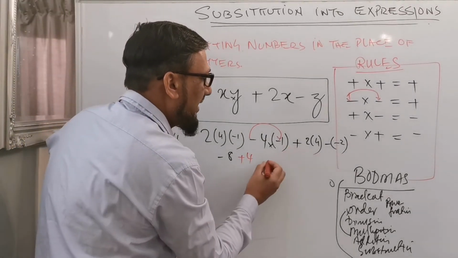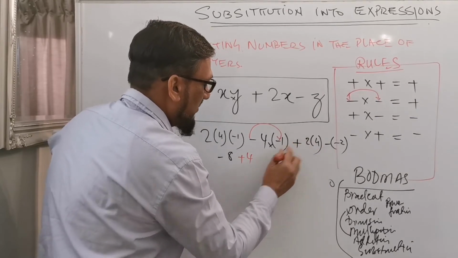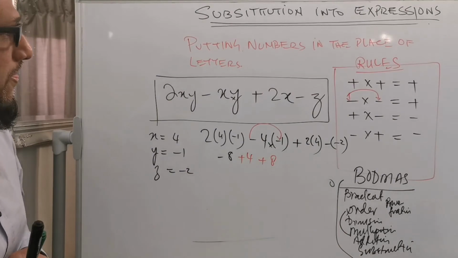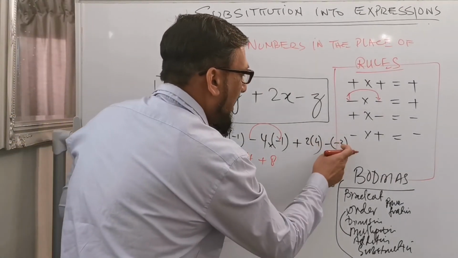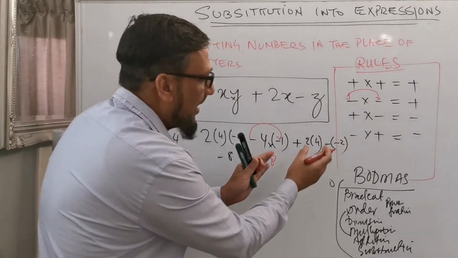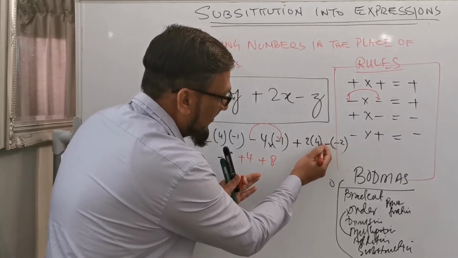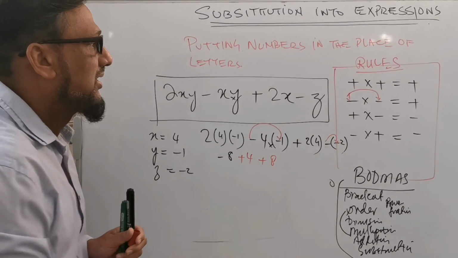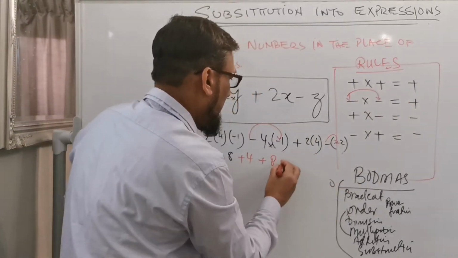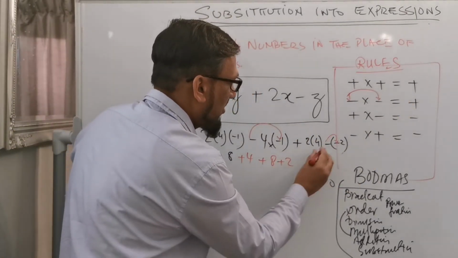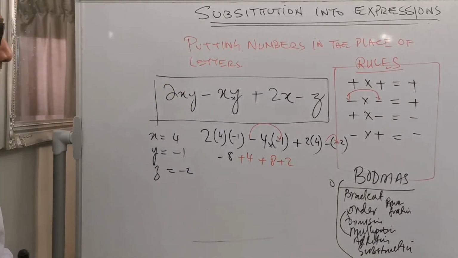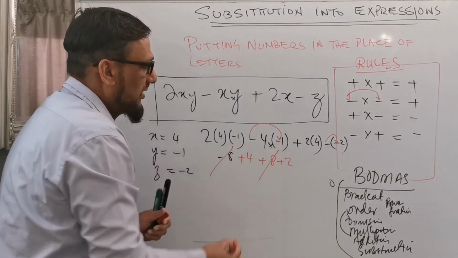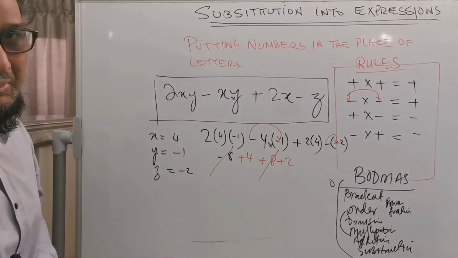And after that, plus 2 times 4 is 8. And minus z: there is no value multiplying, but itself there is a minus sign, so this minus times minus gives plus 2. Now look at this one: plus 8 cancels with minus 8, very simple.